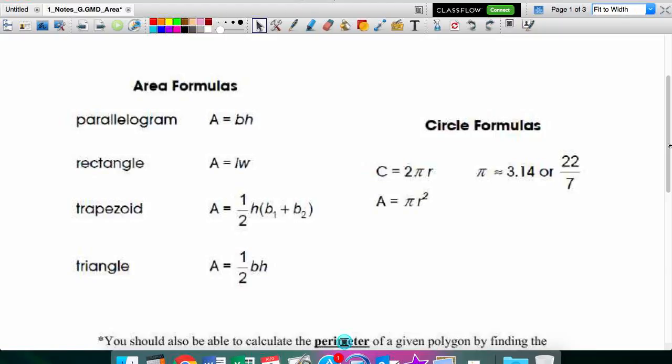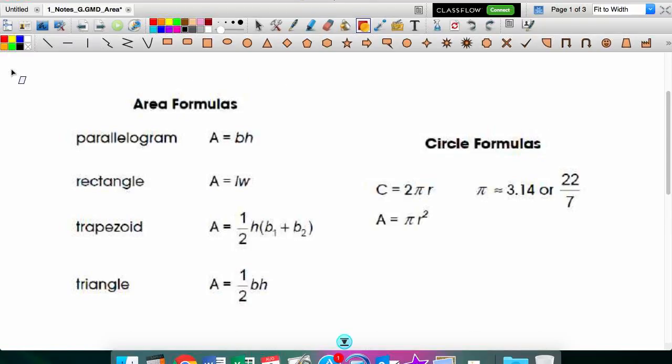Hopefully, you already know what these shapes look like. If you need a reminder, you can draw a sketch of each shape in your notes if it's helpful. So for a parallelogram, this is a figure with two parallel sides. Often it looks something like this. Let me try to draw a better shape, or better yet, maybe I can use my shape tool here. So there's a parallelogram.